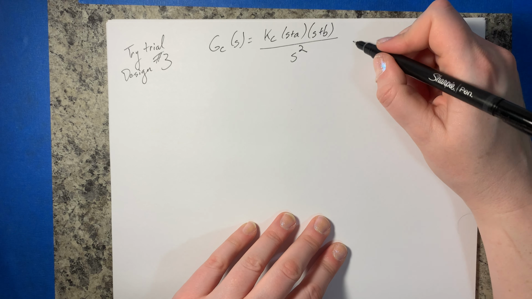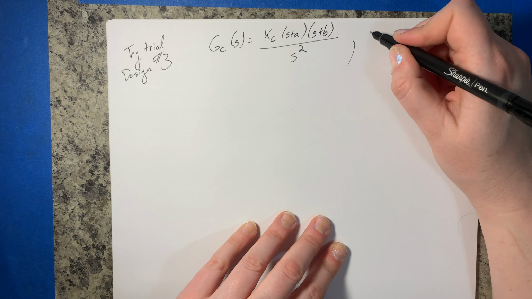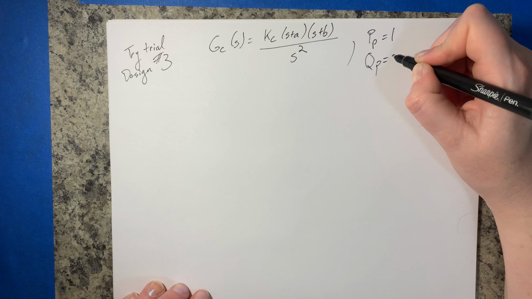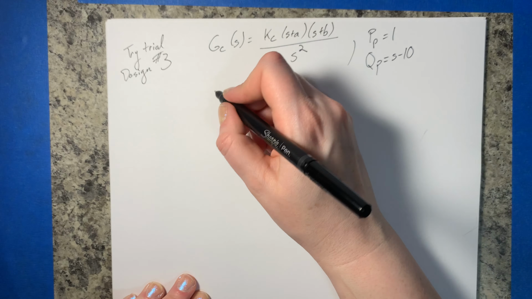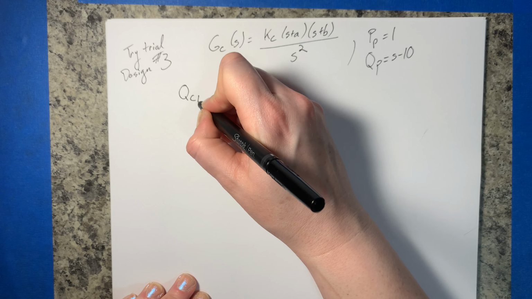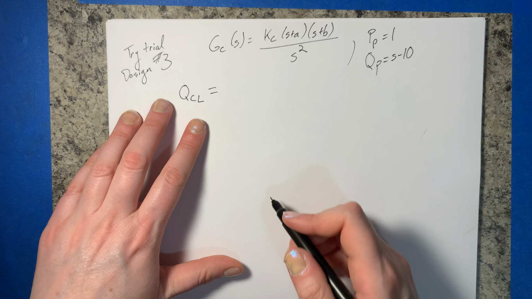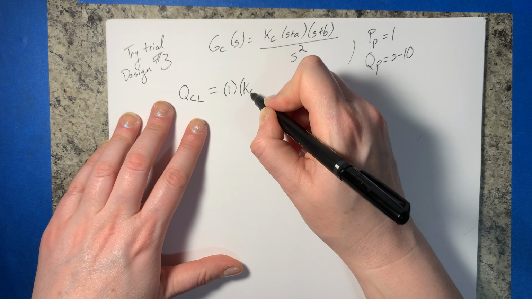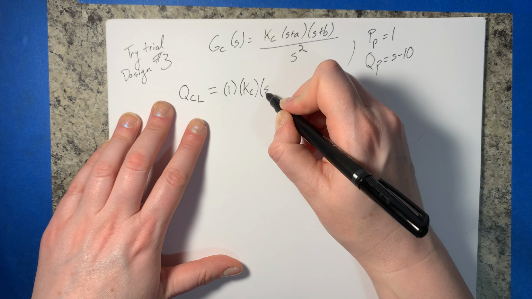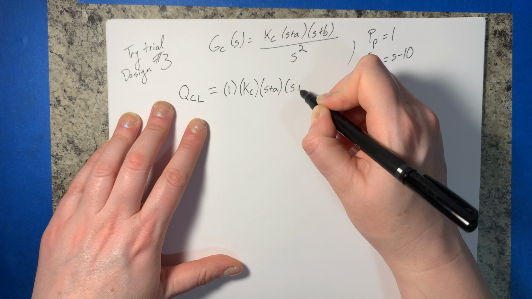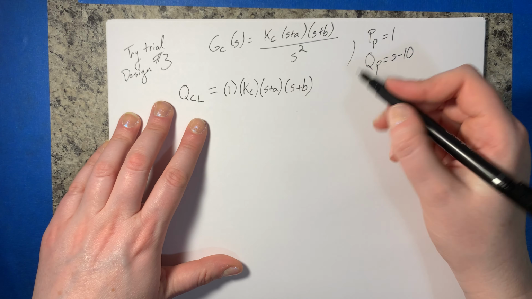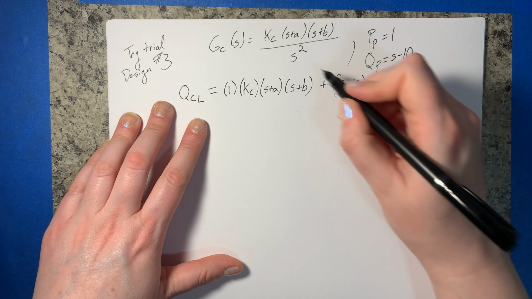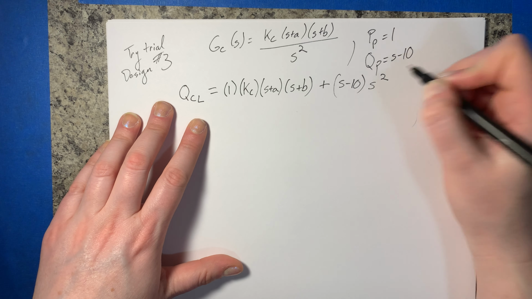Okay, and then again, our P sub P is 1, Q sub P equals S minus 10, so we can just plug that into our QCL formula. So QCL in this case is going to be 1 times KC times S plus A times S plus B, and so this is coming from the numerator of the GC, plus S minus 10 from the QP, and then we have the QC, S squared.